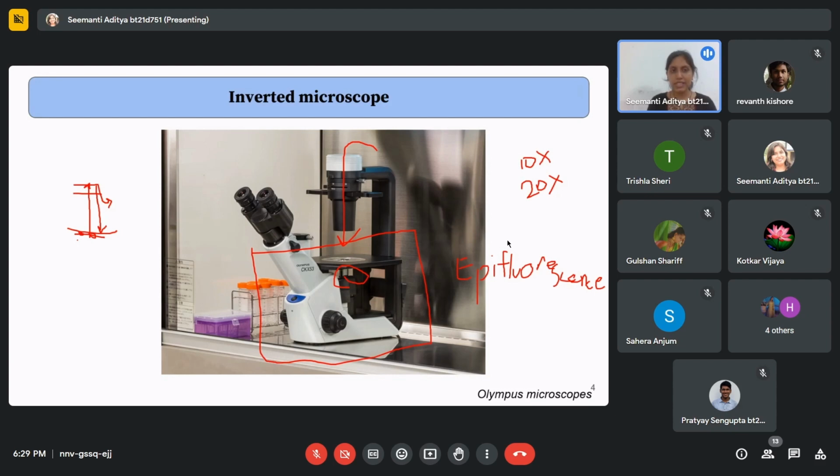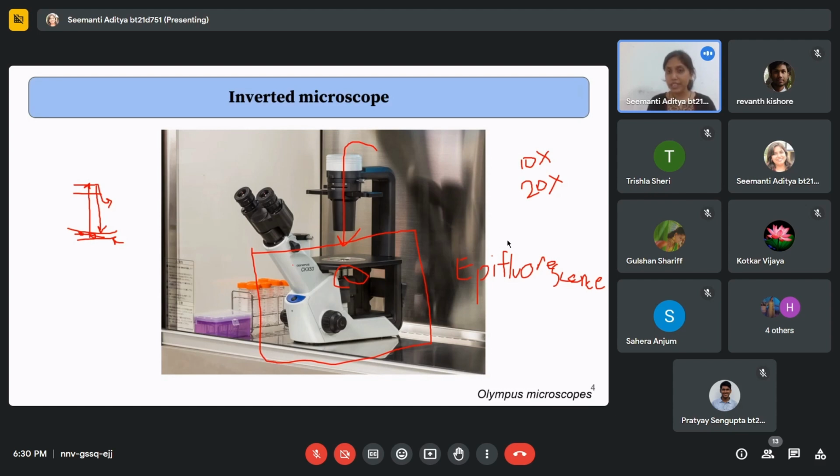So suppose this is the blue light's wavelength, and after exciting from here, in case of a fluorescence microscope, the light for fluorescence is from below, and the light for bright field, the white light, if you want to see normal cells which are not fluorescent, the bright light images, is focused from the top.